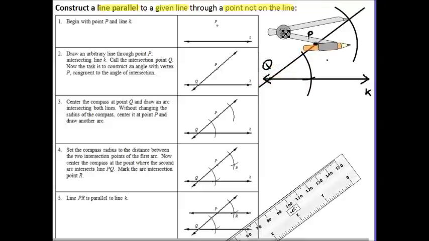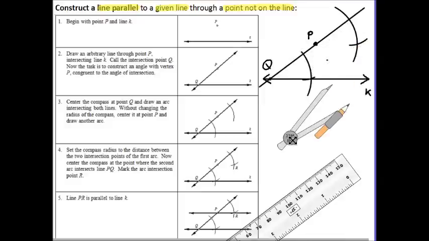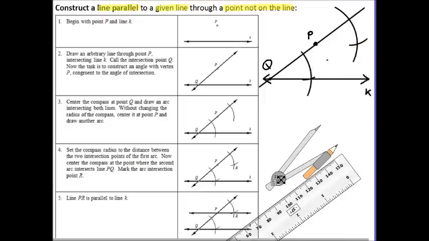I'm going to put the center of my compass to the other intersection point between the line and our second arc. And without having changed the width of my compass, I'm drawing a second arc to create another intersection point. I'm going to give that intersection point a name. I'm going to call it R.